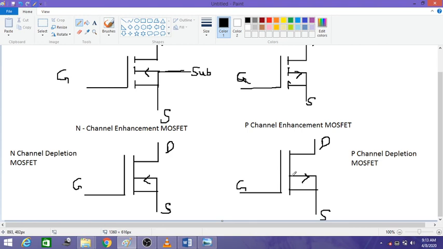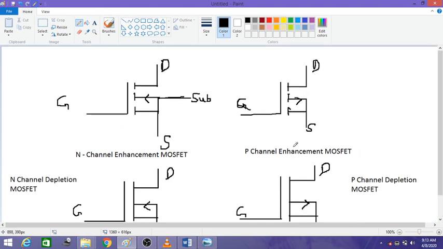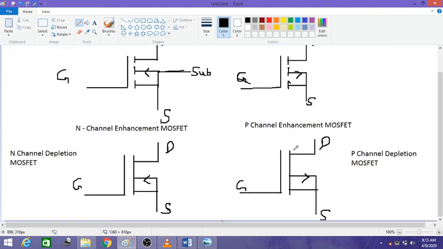Every symbol has its unique explanation, so the symbols are formed with proper meaning. The arrow mark inside represents electrons entering, whereas for the P type the electrons are leaving. So this is the basic symbolic representation of the enhancement type MOSFET and depletion type MOSFET.